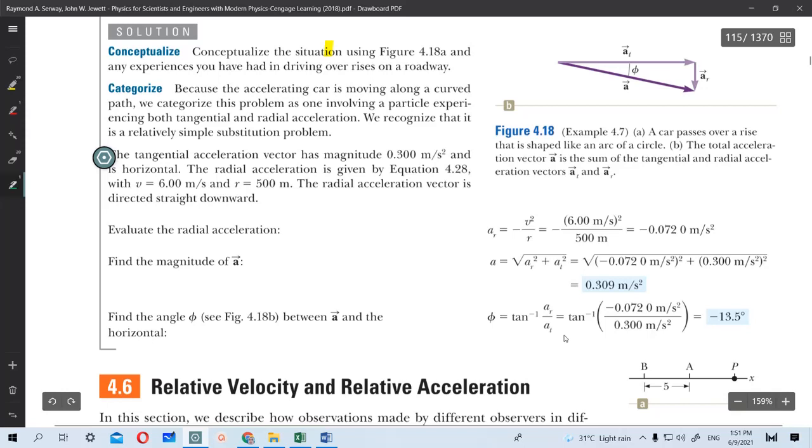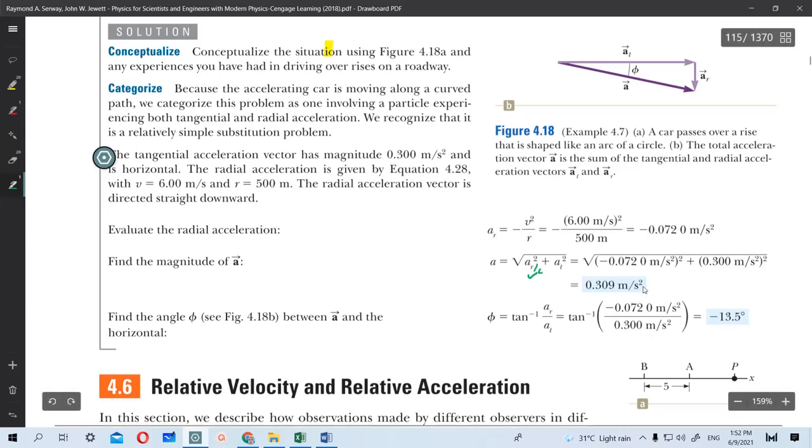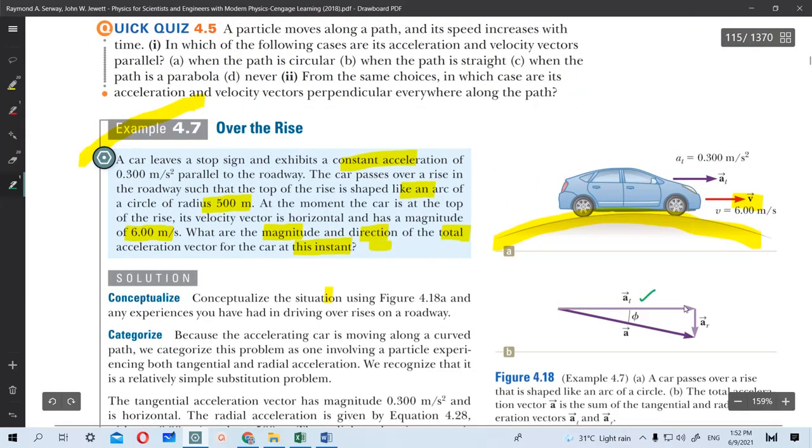To calculate A total, you are required to substitute AC or AR plus AT, because according to the figure, A tangent occurs horizontally, while AR radial occurs towards the center.